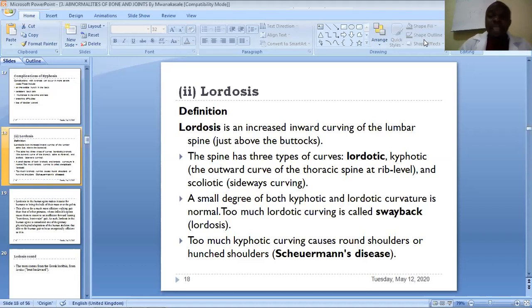Specific objectives are that a student nurse is supposed to be able to define lordosis, come up with the causes or predisposing factors of lordosis, mention some signs and symptoms associated with lordosis, and come up with the investigations that are used to diagnose lordosis and then the management of lordosis.